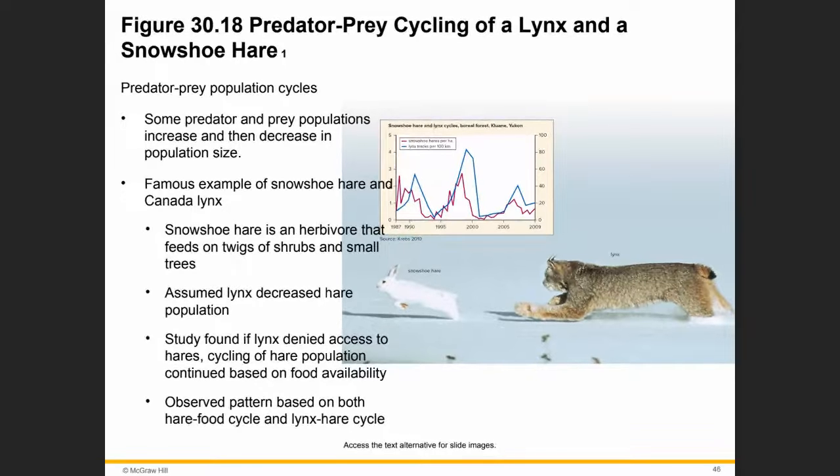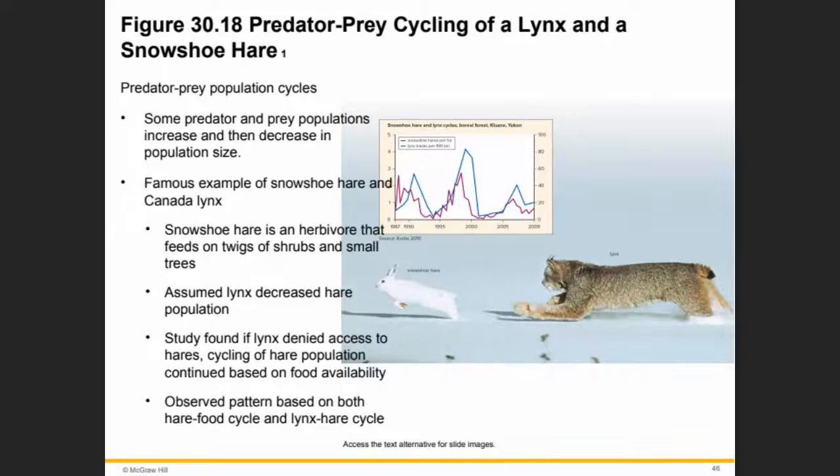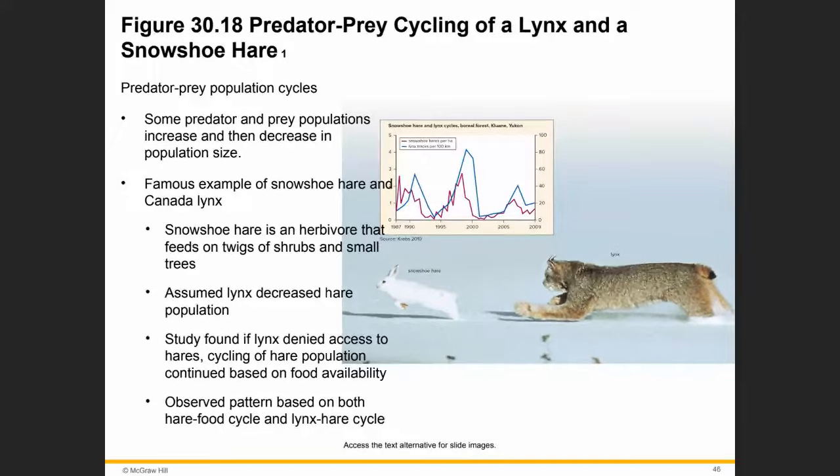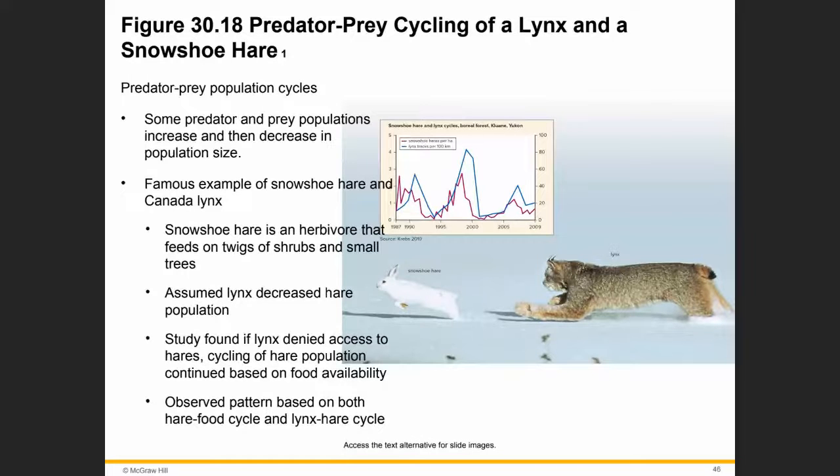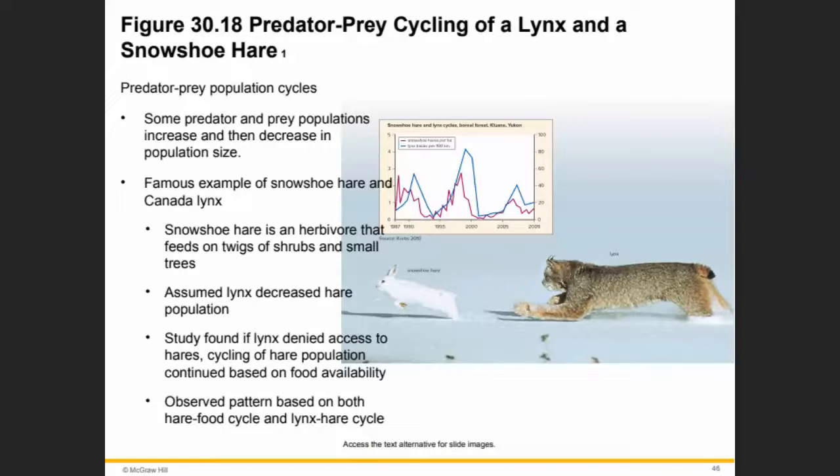So it spiked at almost 1989 at 2.6 snowshoe hares per hectare, 2.7 in 1998, and 1.2 in 2007.